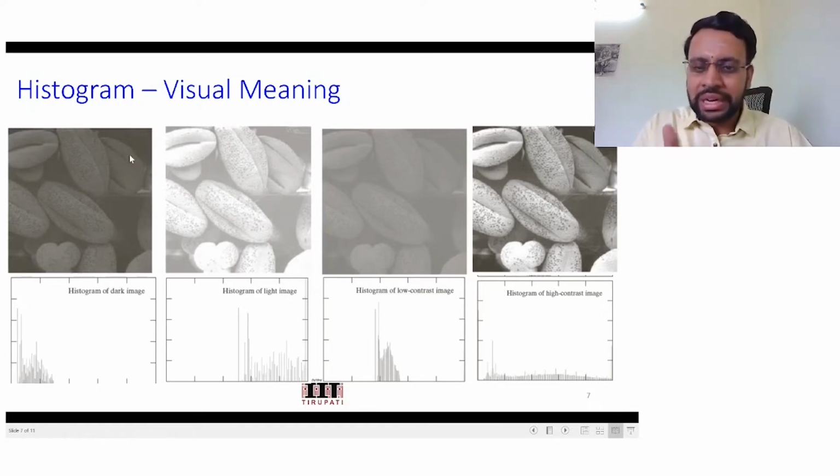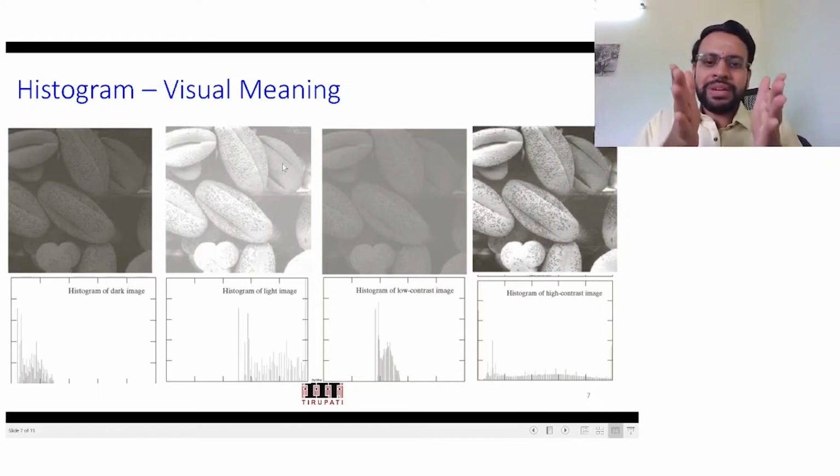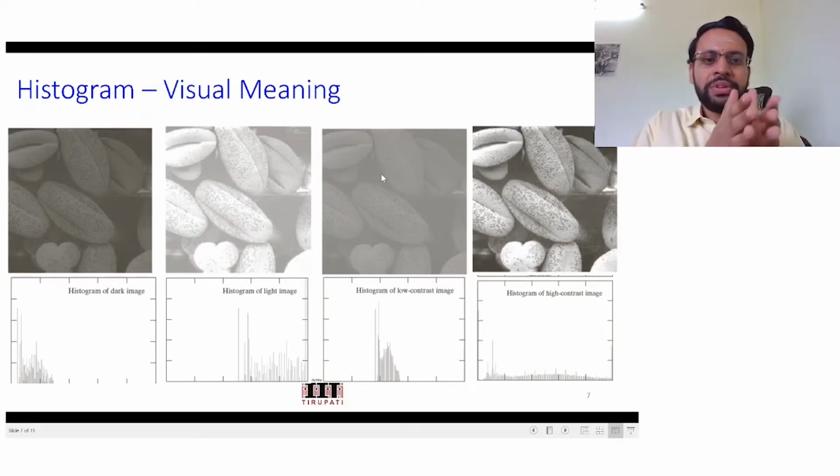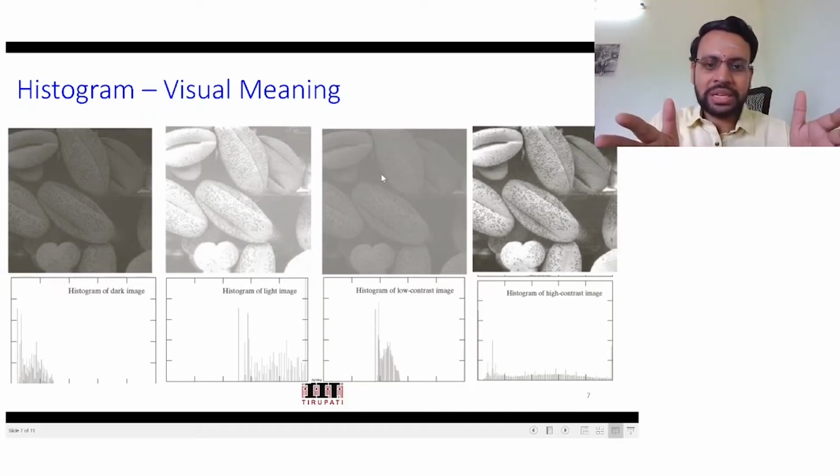While the first one is a dark image, you could say from the histogram that this is a light image. And here is an image that is neither dark nor light, but of low contrast, the distribution being very narrow. And this is the image where you could say it is of high contrast, as there is an almost even distribution of intensities in the histogram.